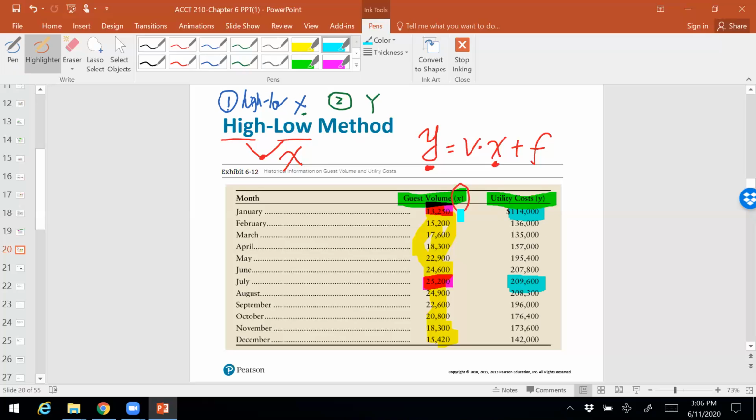Your first step is always to look at the high and the low X, and then find the related Y. That's all.